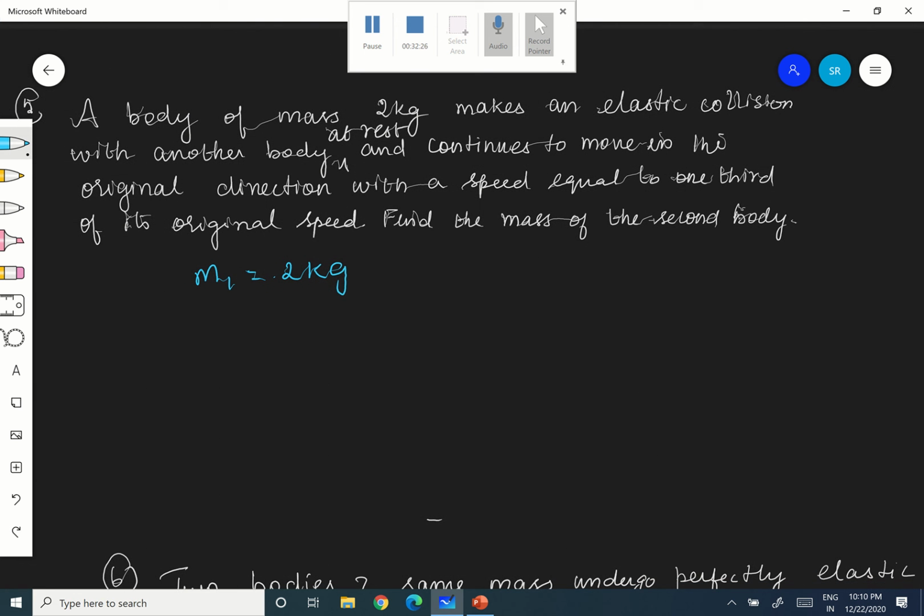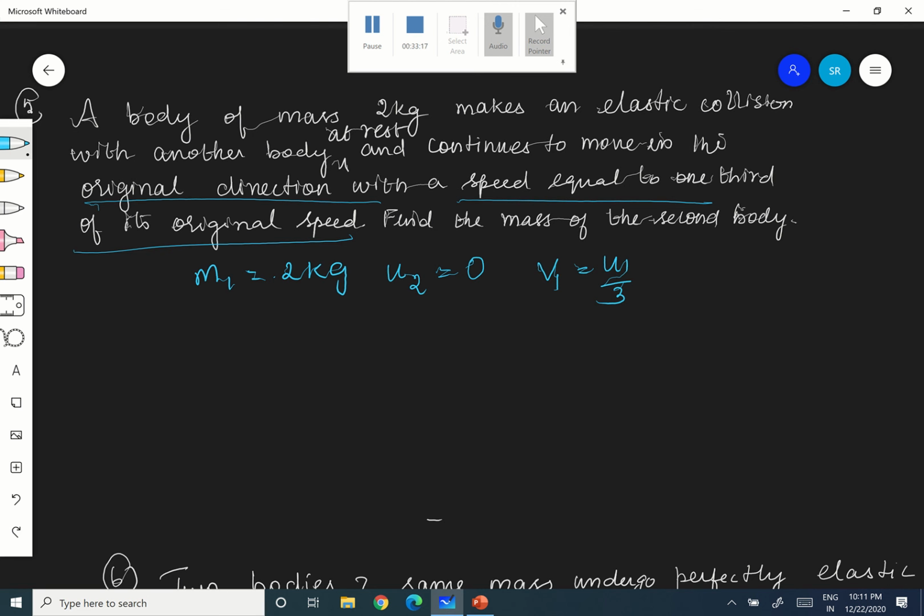Therefore, M1 is equal to 2 kg, and U2 for the other body is 0.